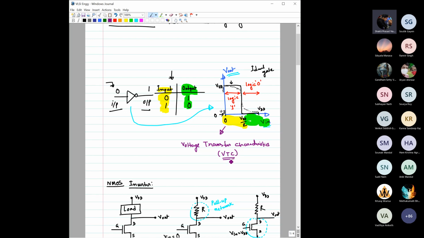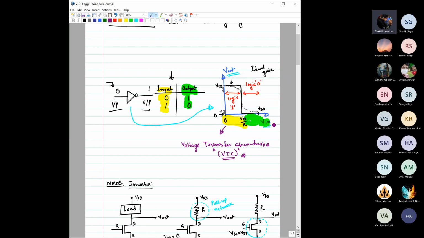Please note this term, because in this course we will be using it again and again. Even in the question paper, you might see the term VTC, so you should understand it stands for voltage transfer characteristics.